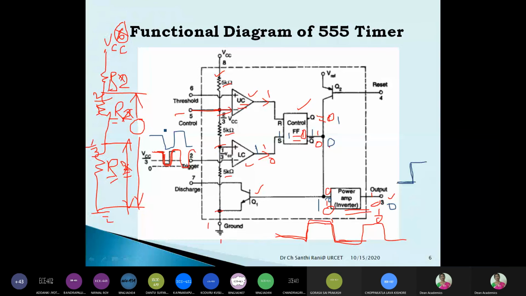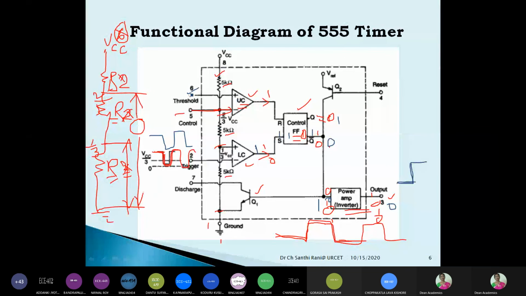Therefore, during positive excursion, that means when the signal is going positive, the threshold voltage at pin 6 goes beyond 2/3 of VCC.